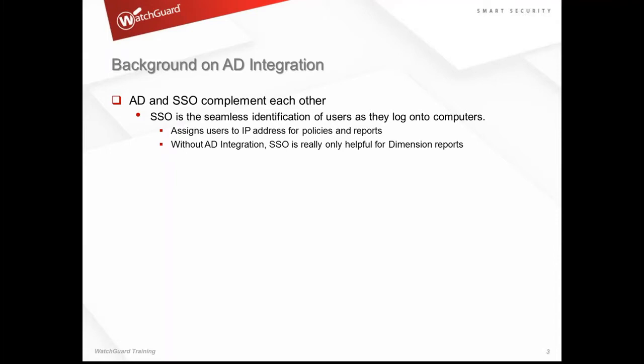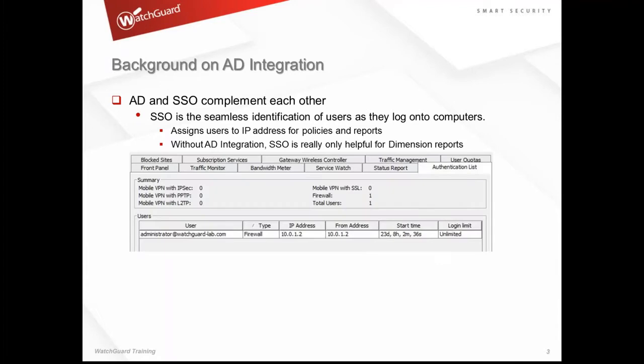Just to recap, SSO assigns users to those IP addresses for policies and reports. Once we have the users identified, we can now look at the Active Directory integration. Without Active Directory integration, it's really only helpful for those Dimension reports. Once we do have the Active Directory configuration, we can start building policies.